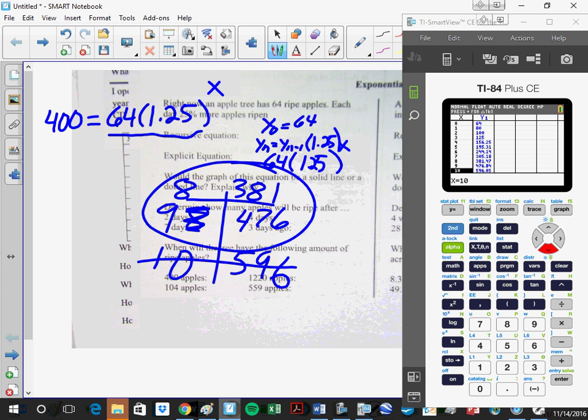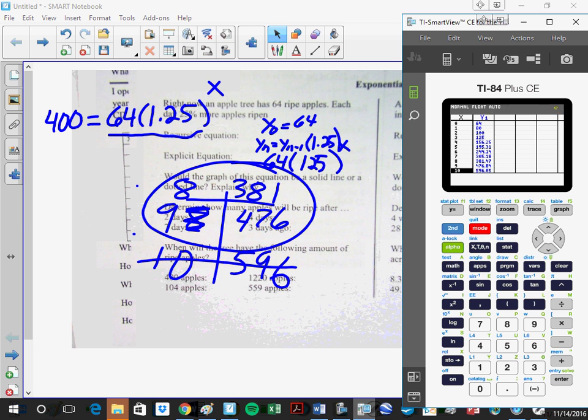Just pay attention to what I did. No, you round the decimal down. So the answer is somewhere in between here. Is it going to be closer to 8 or closer to 9? Closer to 8. And here's where the guessing comes in. That gives us a really good place to start.